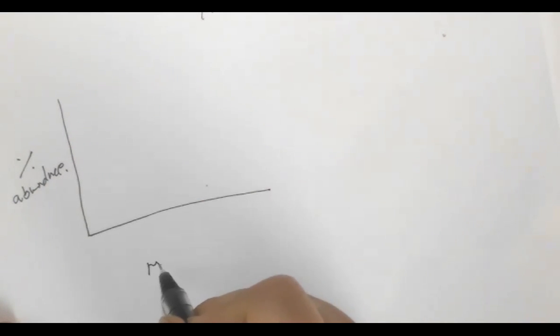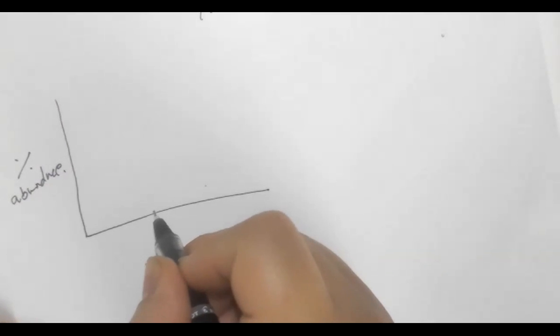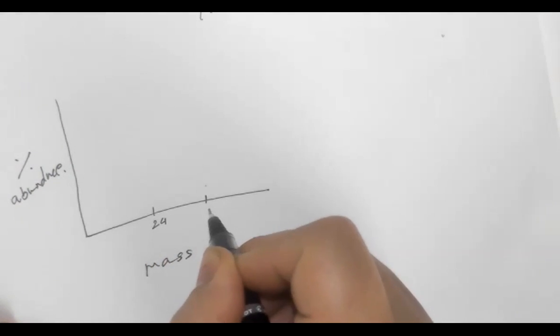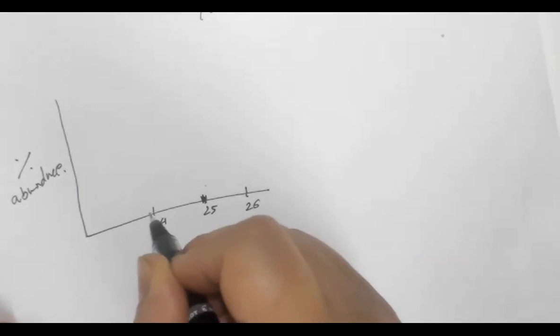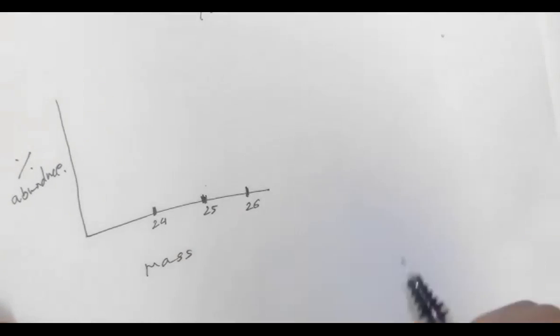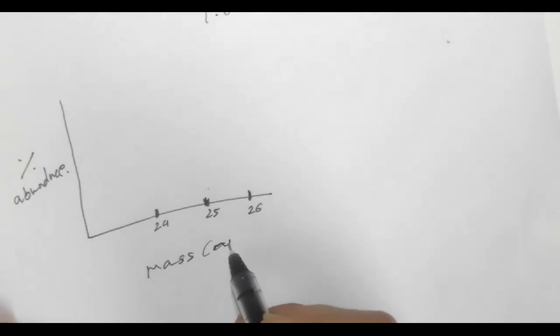Okay, the bottom is always mass. We have only 3 of them, 24, 25, 26. So this is 24, 25, 26. Preferably equal spacing. Again, mine's not really equal spacing. Make it equal spacing, okay? And then this is AMU, or you can say gram over mole.